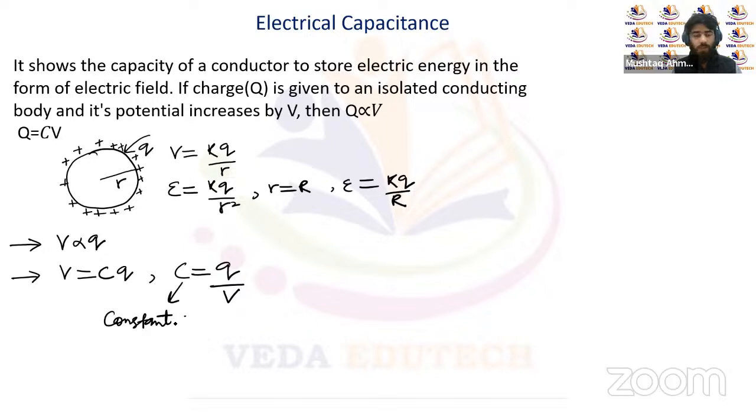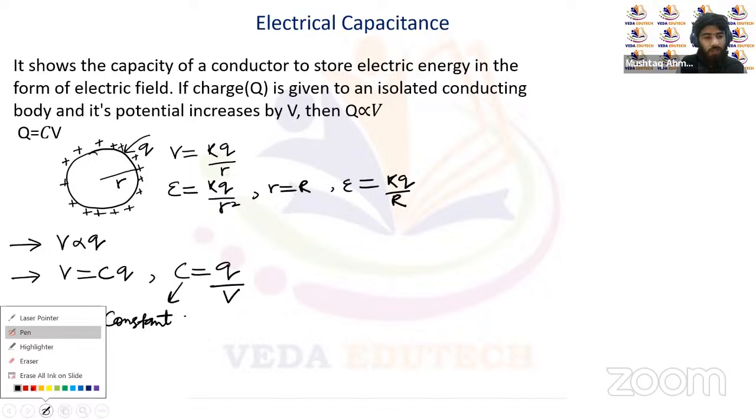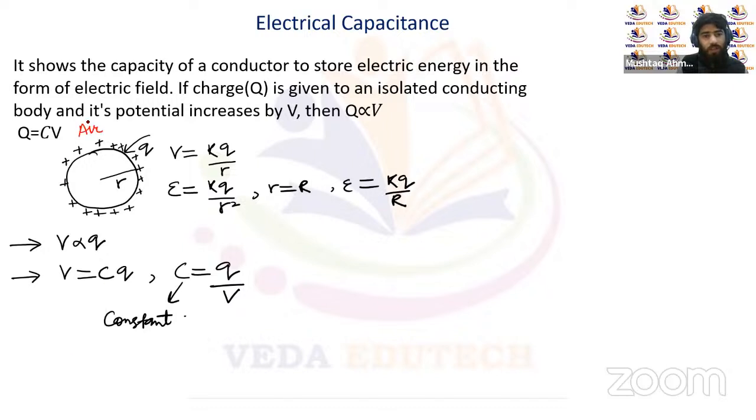because of the medium present outside this conductor. Let's suppose air is the medium outside this conductor. The electric field strength is going to increase upon the supply of more and more charge, so it will apply more force on the molecules of the air.